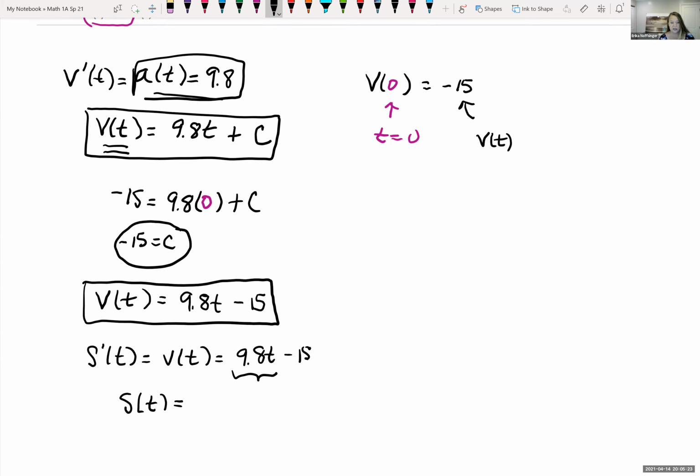So remember, when we're taking the derivative, we subtract 1 from our exponent. And so if I subtracted 1 from my exponent to get 1, then I should have had a t squared, right? So this should have been 9.8 t squared. The problem is, if I leave it like this and I take the derivative now, I had to bring down my 2.